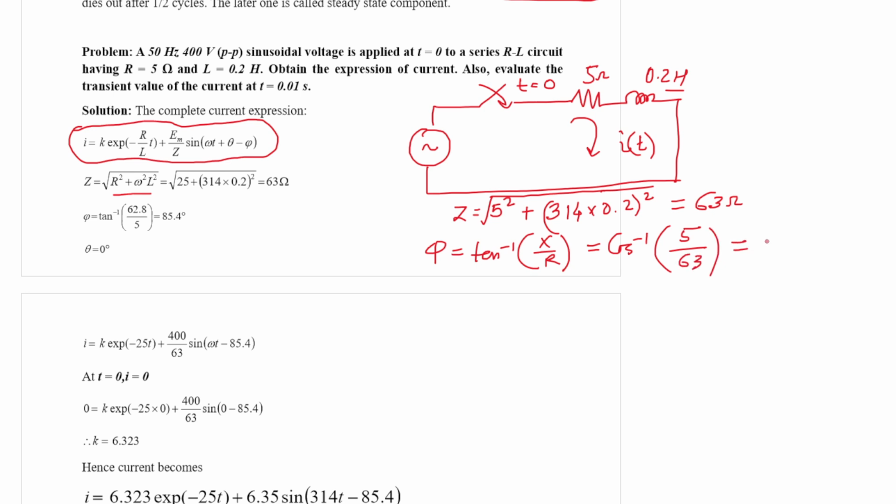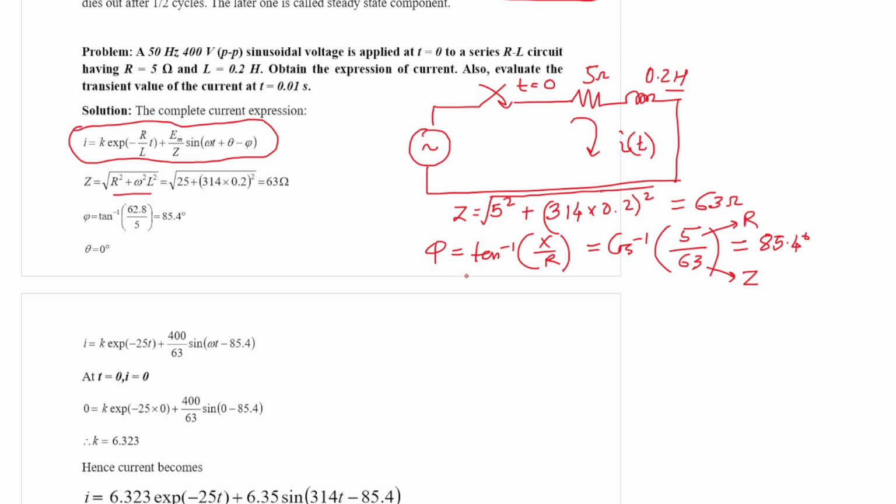Solving, we get 85.4 degree. Now, why cos inverse 5 by 63? Because 5 represents R and 63 represents Z. So cos inverse R by Z becomes 85.4 degree.